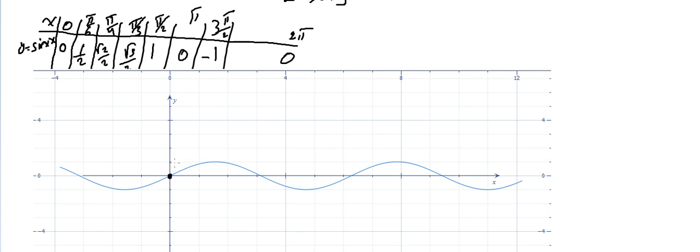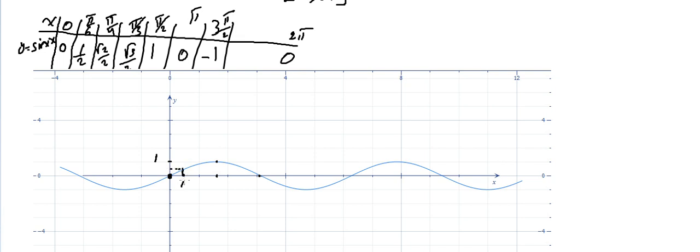Okay, let me check. This should be 1, right? 1 unit of y. And when y equals 1, the abscissa is pi over 2. And when the abscissa is pi, the ordinate is 0, right? So 0, 0.